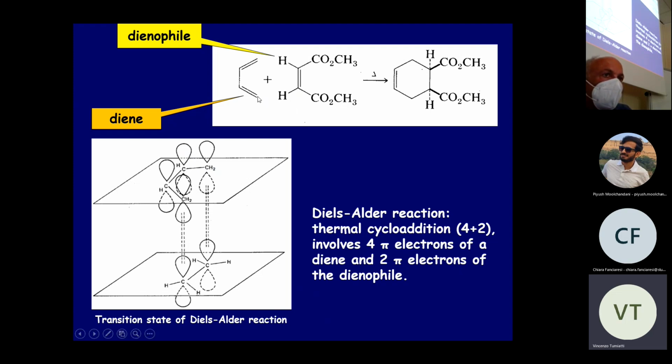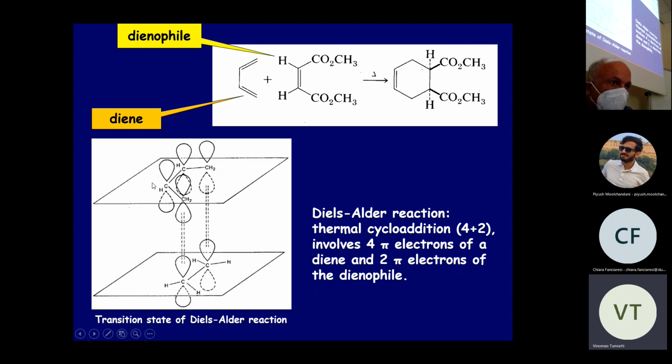The 2 electronegative, the 2 partial negative charged carbon atoms of the butadiene can attack the 2 partial positive, and so we can have a 6-member ring. You see better in this picture what happens.